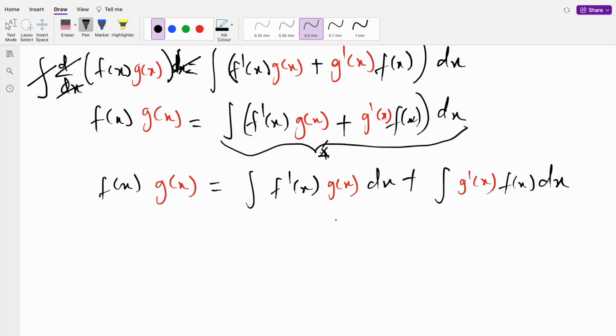Which finally, I can move this to the other side here.